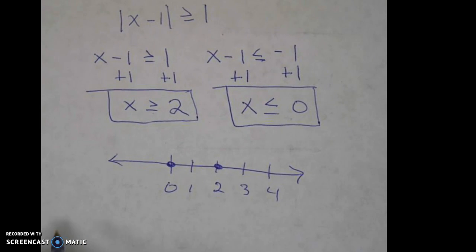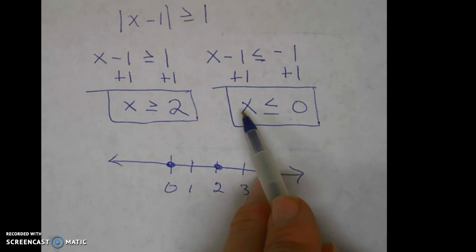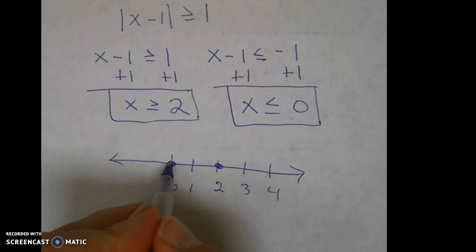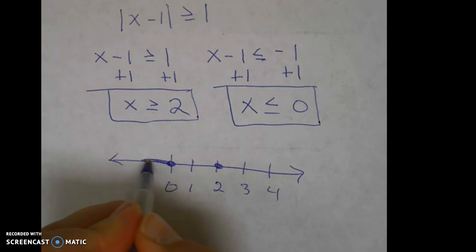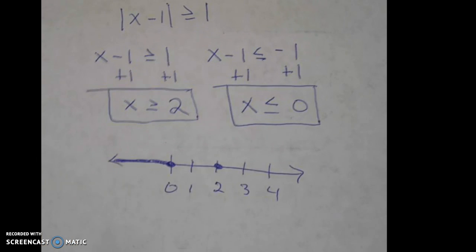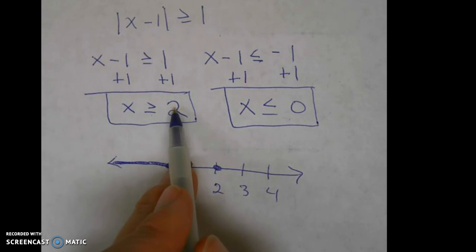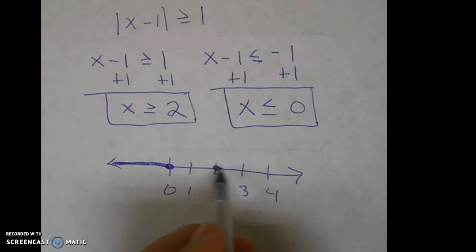So which way do we shade? Well, for the 0, it says that x is less than or equal to 0, so less than 0 is going to be to the left. The other solution, x is greater than or equal to 2, so greater than 2 is to the right.